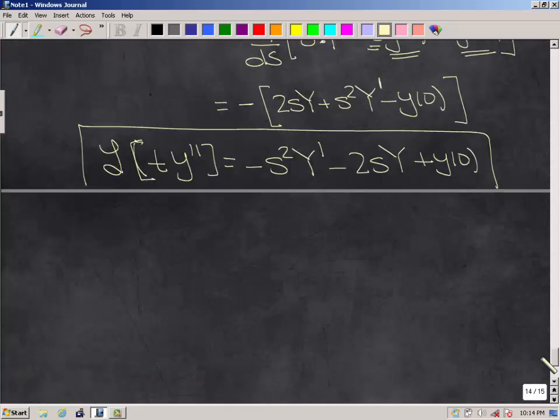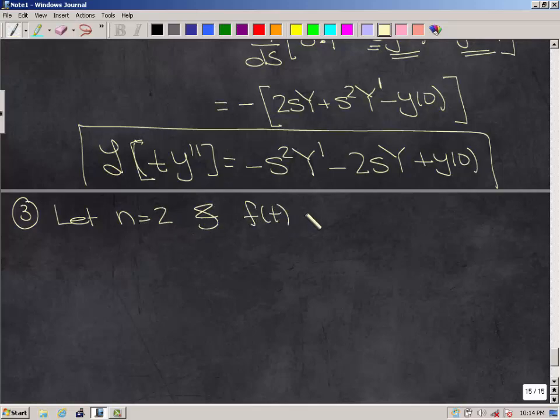So you can keep doing this. There's no end to this. You just look at different combinations. Let me do one more and then I will be done with that. Okay. So in this one, I'm going to set n equal to 2. So we're going to let n equal 2 and f of t equal y prime.